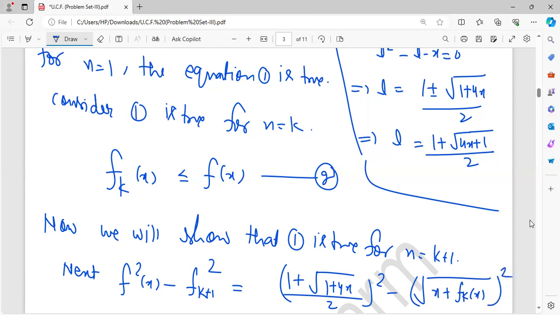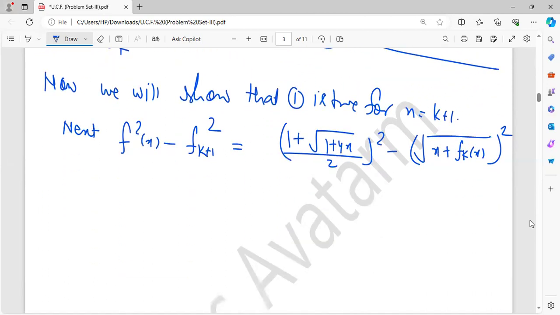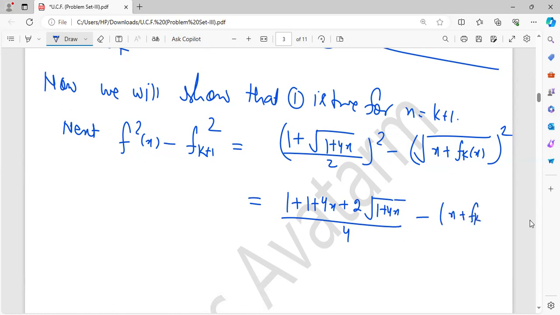Okay, so solve it. 1 plus 1 plus 4x, that is 2 times root of 1 plus 4x, upon 4, minus x plus f_k(x). You solve it, what will you get? 2 plus 4x plus 2 root of 1 plus 4x minus 4x minus 4 f_k(x) upon 4.